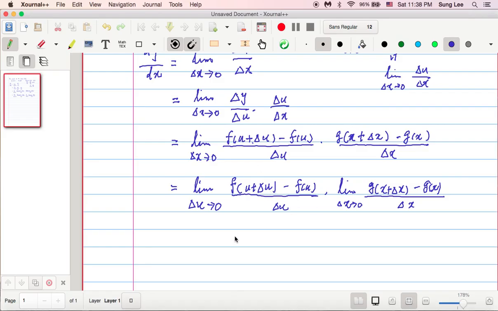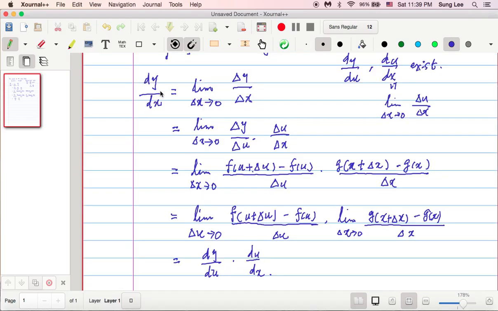So this first one is none other than dy by du, and by assumption we know that it exists, times this guy here, which is du by dx. So we just proved the chain rule. So dy by dx is given by dy by du times du by dx.